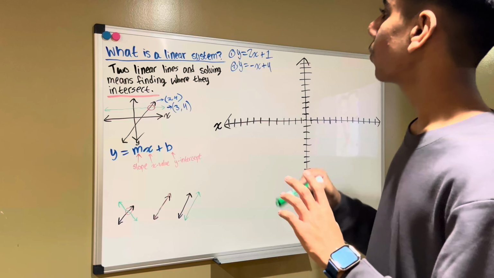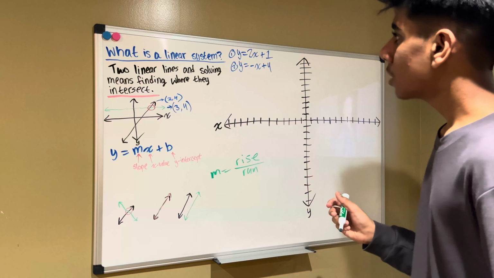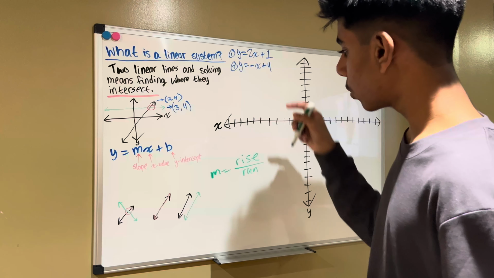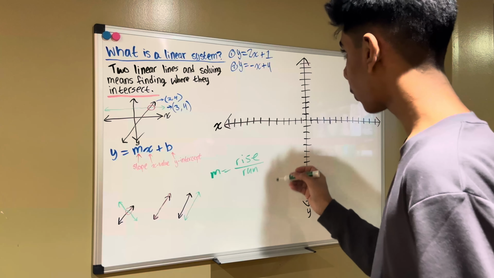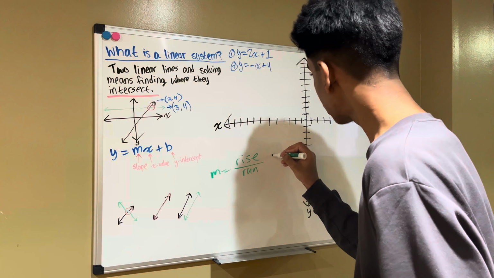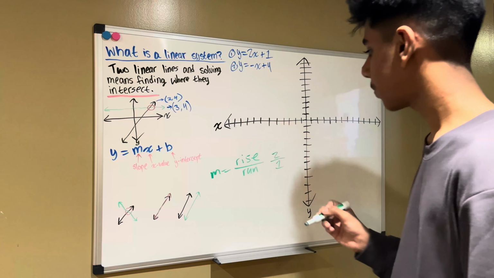If you remember, the slope formula is m equals rise over run. Here, 2 is m, so 2 is the slope. If you turn 2 into a fraction with a run of 1, it becomes 2 over 1.